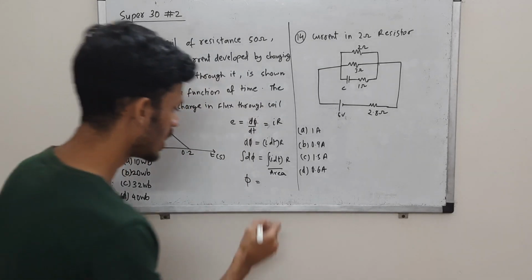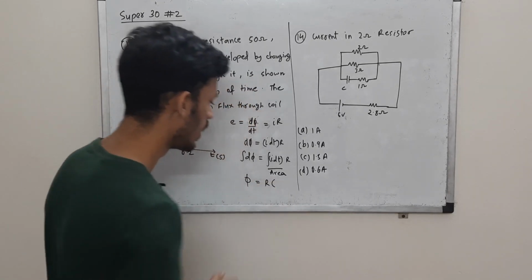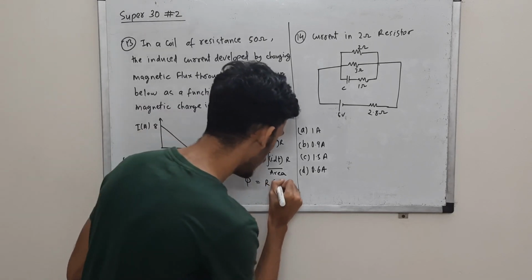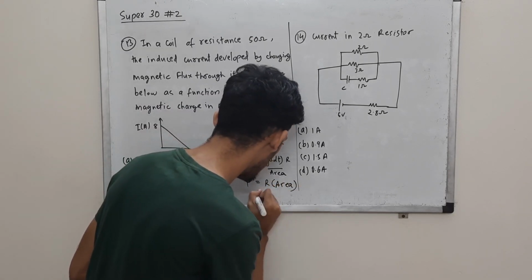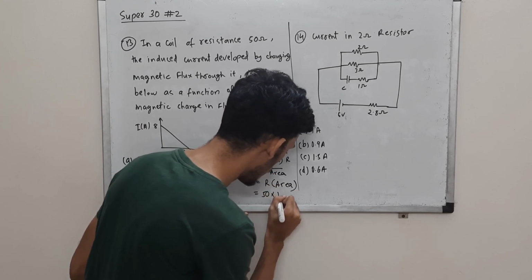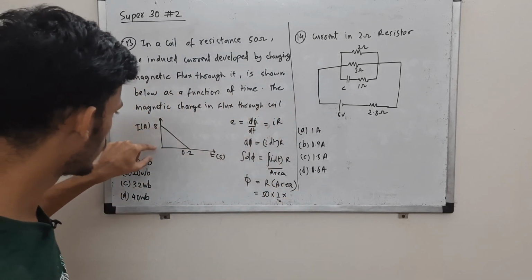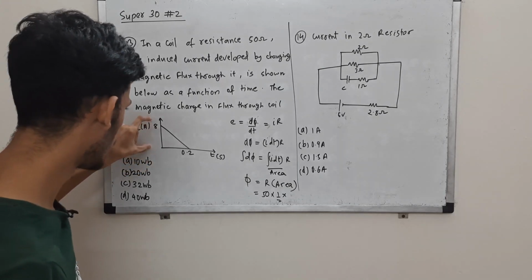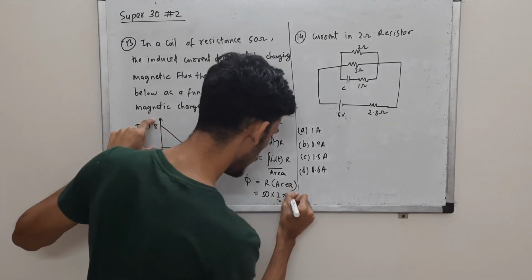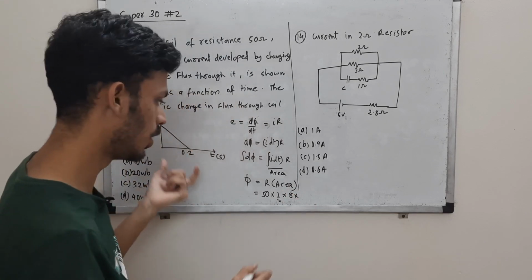The total change in flux will be R times the area. Let us substitute the values. R is 50, and area is half base into height. You can see a right angle triangle over here, so half, height is 8 and base is 0.2.